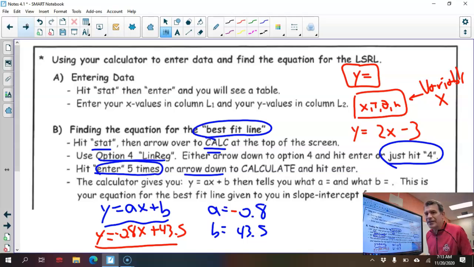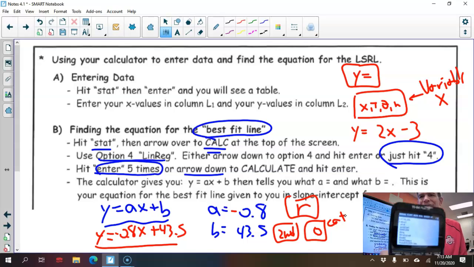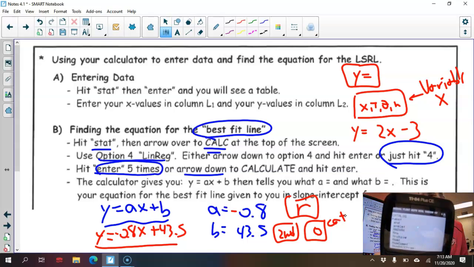Now, I need to say something about the R value. If you want your calculator to give you the R value, you have to go to the second button and then the 0. At the bottom of your calculator, above your 0, it says catalog. Stay with me on this now. So you hit second and catalog, and you get a catalog of everything in the calculator.